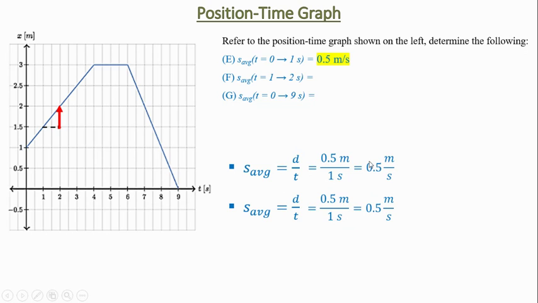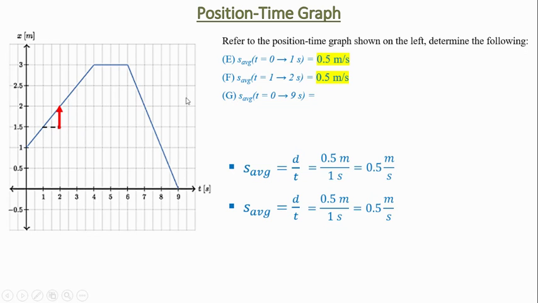Now I want to point out the answer for these last two parts is the same because the slope of an xt graph, this is your slope, tells you how fast the object is moving. If you're looking at the slope properly, this is a constant slope, which means at any point, if you take the average, it will be the same.